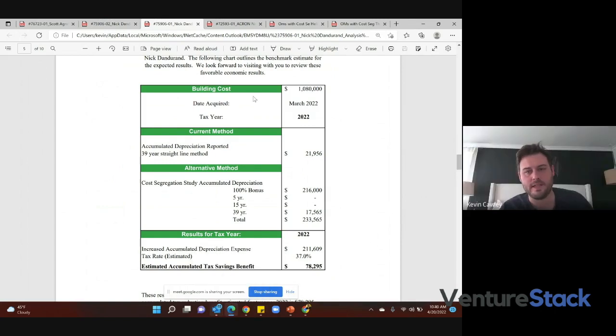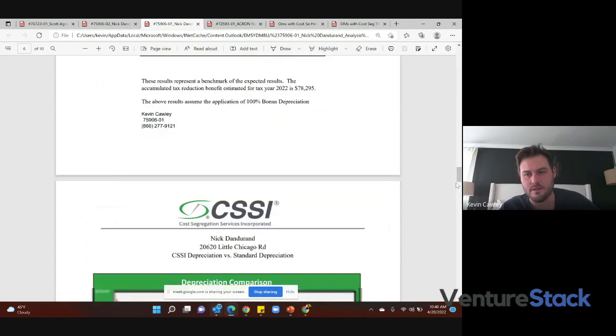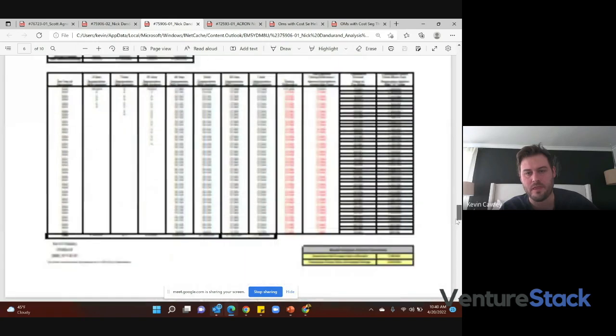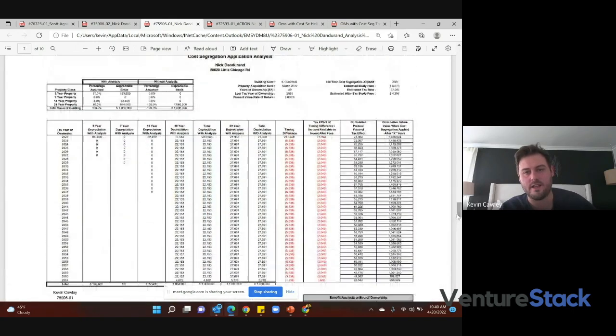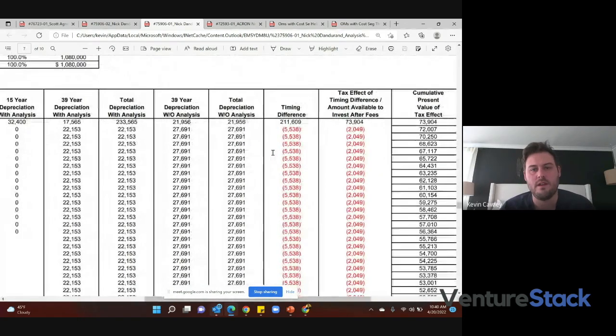But yeah, those are the examples I had. So I had 2 $350,000 examples. Here's a $1 million example. I'll just touch on it super briefly to really drill this point home. This client didn't do cost seg. His write-off every year was $27,691. That's it.